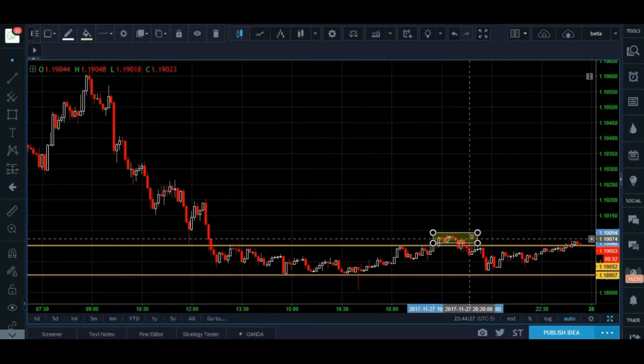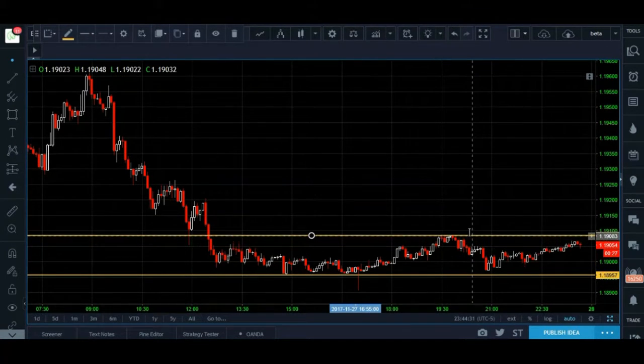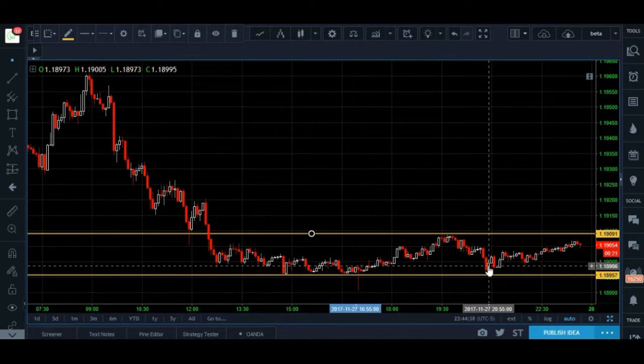But me personally, I don't usually count that as the ceiling, and the only reason why is because it was the highest point that it went and it retraced down. Hence why that would be, for me as the trader, my ceiling. Other people do their support and resistance differently, but this is just my point of view.